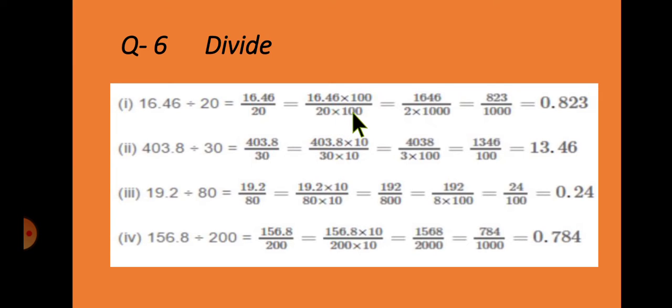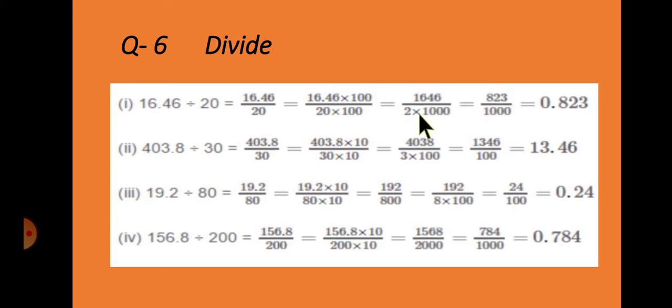So here also, because of 100, this decimal we will shift two places, after the 6. And since after the decimal there is only 0 0, we can ignore it and write only the whole number form.